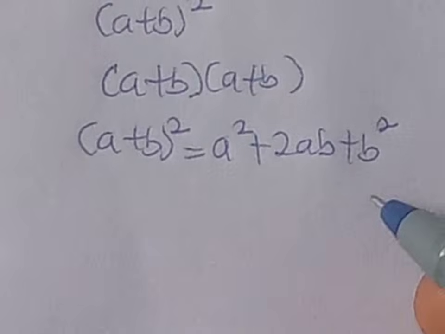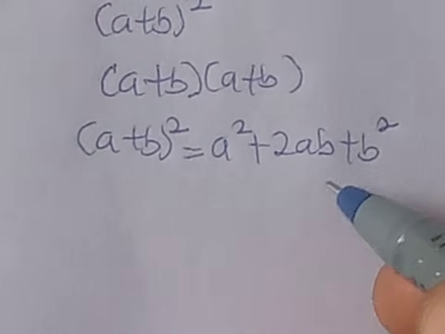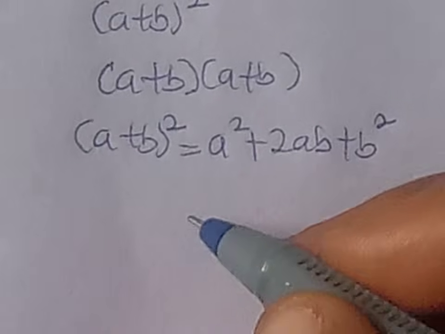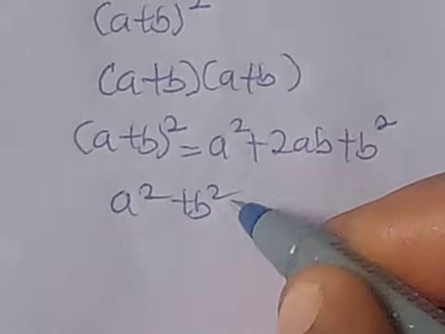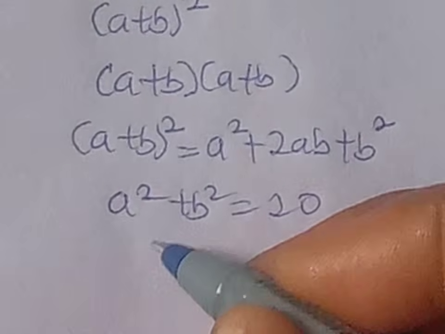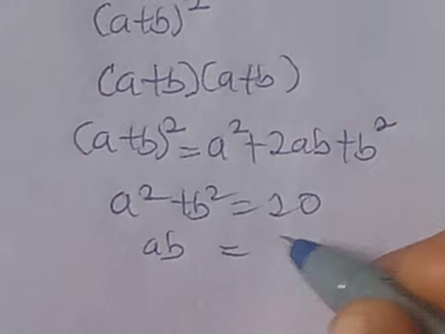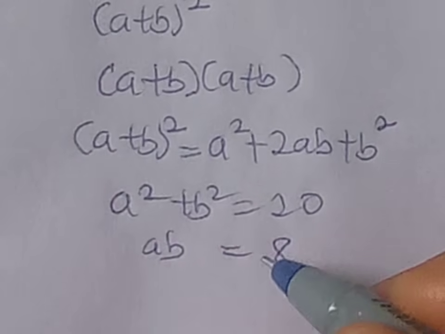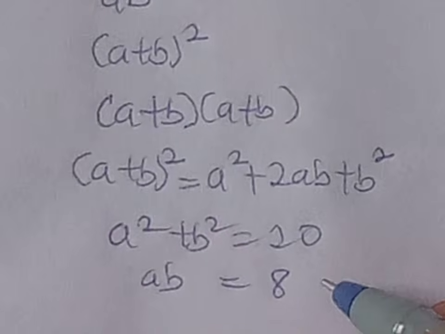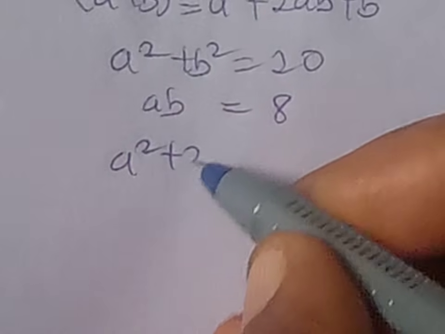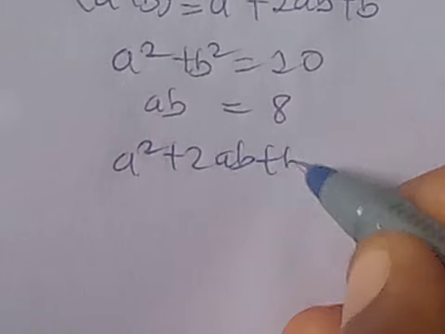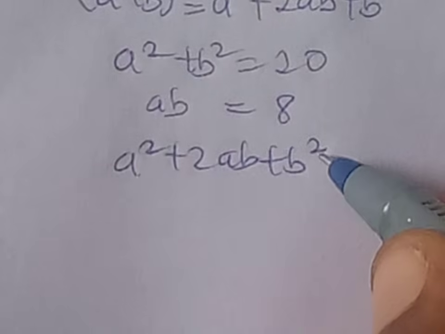The next thing is, let's substitute the given values. We already know that a square plus b square equals 20 and a times b equals 8. Now let's substitute this into the formula. The formula a square plus 2ab plus b square has three parts.